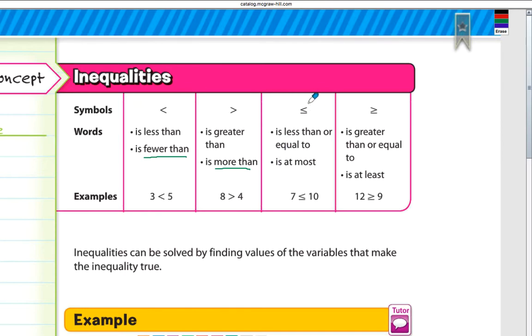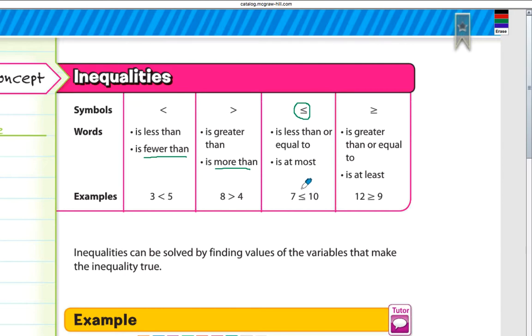In the third column, we have what's called less than or equal to. So this symbol represents two things. It could mean a number is less than something else, or it could mean a number is equal to something else. Here we have 7 is less than or equal to 10.